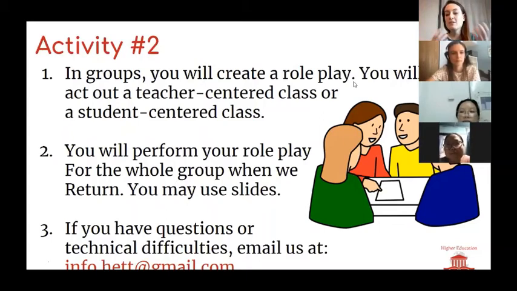You have 10 minutes to come up with your role play. You're coming up with two role plays, a student-centered one and a teacher-centered one, and then you're going to share them with the group. Just 1 to 2 minutes.